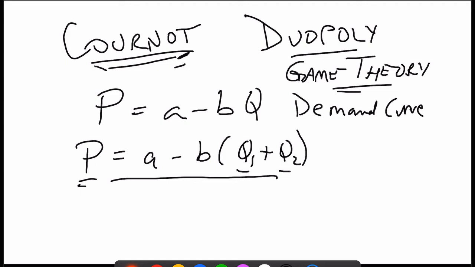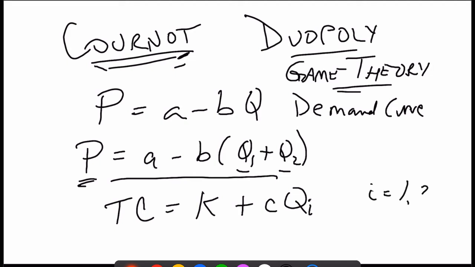But let's also assume that the two of them have the same cost, and therefore the total cost is some constant K plus C times QI, where I equals business 1 or business 2. All right? Okay.